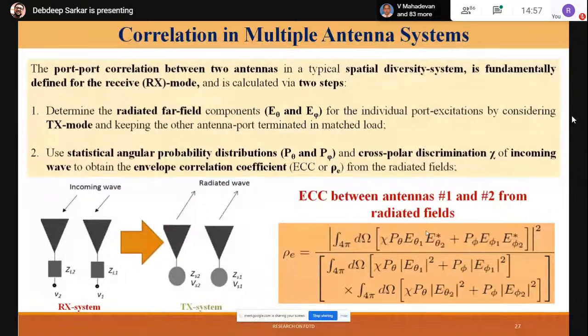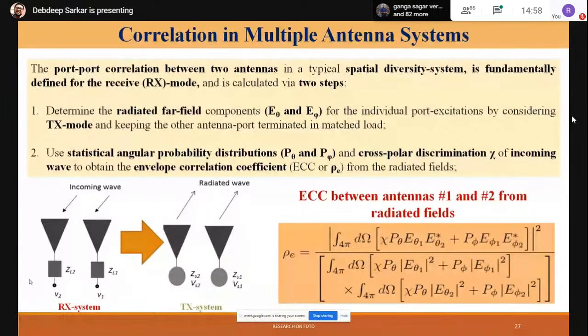What is the basic concept of the port-to-port correlation between two antennas? In a typical spatial diversity system, the port-to-port correlation is fundamentally defined for the receive mode, and it is calculated in two steps. By receive mode, I mean you recall that system where I had two antennas on the handset, and there is some incoming wave coming onto it, and I want to find out the correlation.